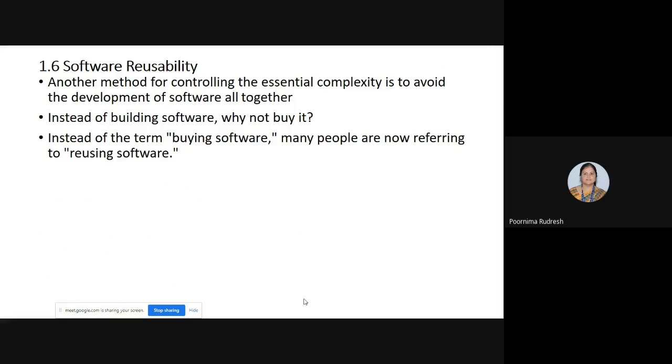The best example is you're using smartphones, right? In smartphones which type of operating system is there? Nowadays you're using Android. Yes, the Android operating system is there. Once you purchase the mobile, the Android software is already installed, right?